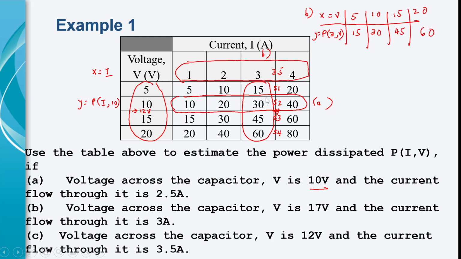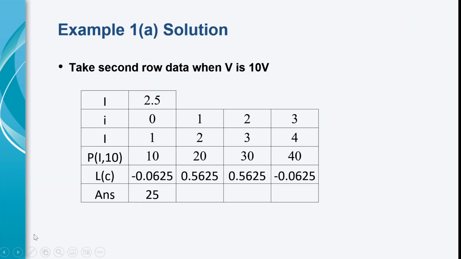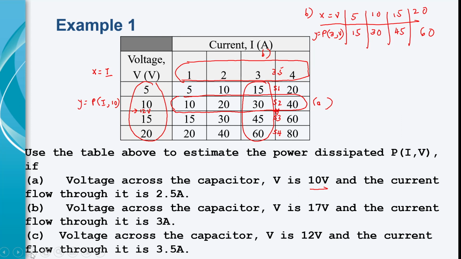Hence you take the second row of data, and this will be the Y, the power, while I is equivalent to the variable X. We want to estimate the power when the current is 2.5 and the voltage is 10.